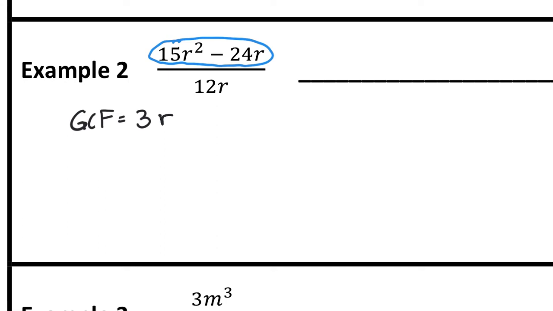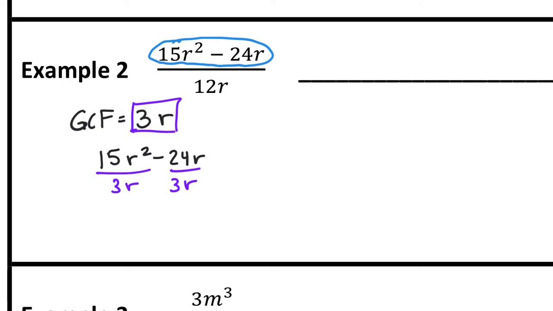So what do we usually do, right? We take, for example, if I have 15r squared minus 24r, that's everything on top, right? We would take this value and divide it out on the bottom, right? But what would we write over here? Over here I'm going to copy the 12r on the bottom.